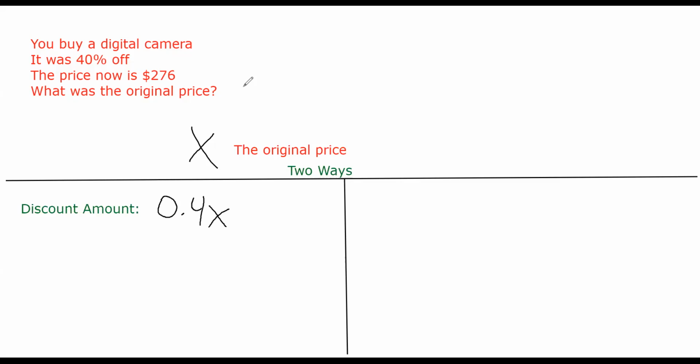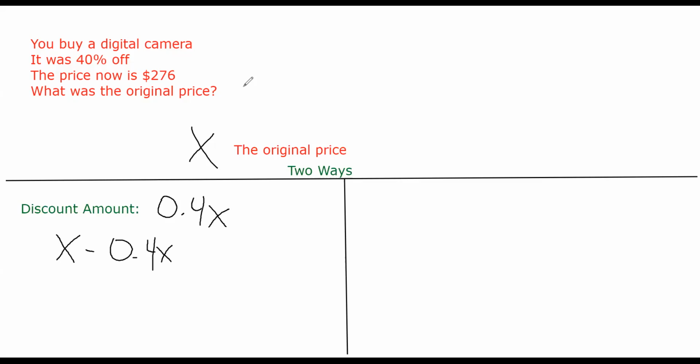And so now we can set up an equation. The sales price, the amount we're actually going to spend after the discount: we start with the original price of the camera, minus the discount amount, minus 40% of the price of the camera.